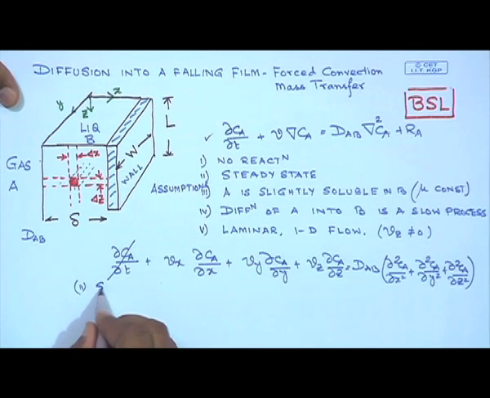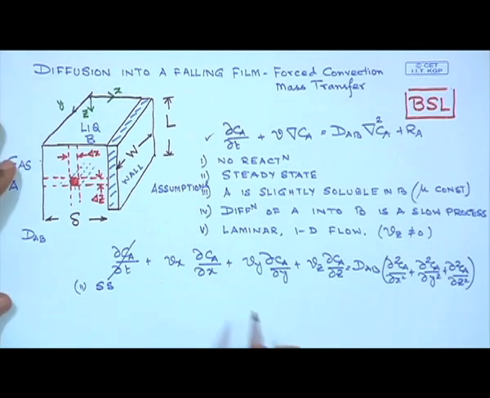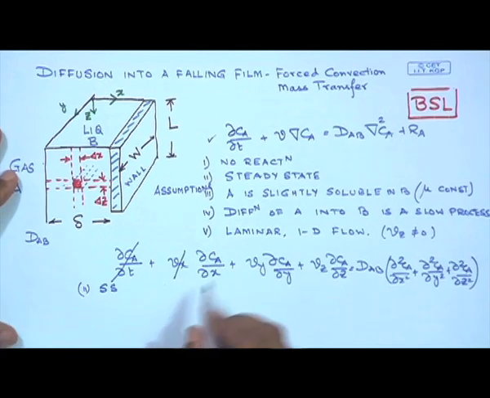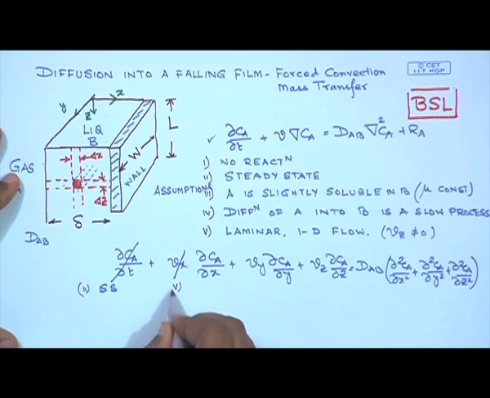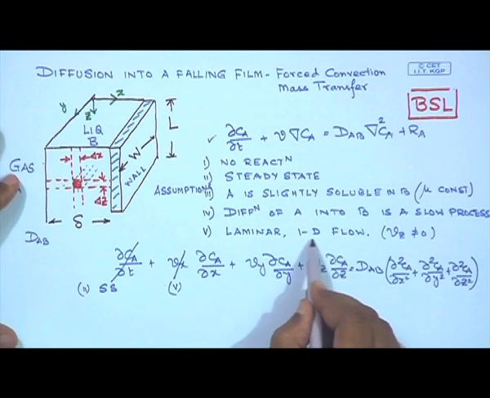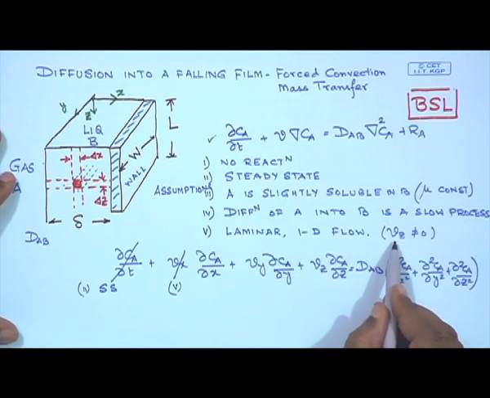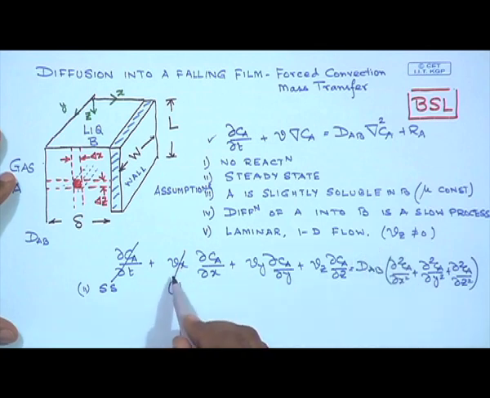Because of assumption 2, it's a steady state, and this would be 0 because of my assumption 5, which says it's a one-dimensional flow. So Vz is the only non-zero term, and this would be equal to 0.